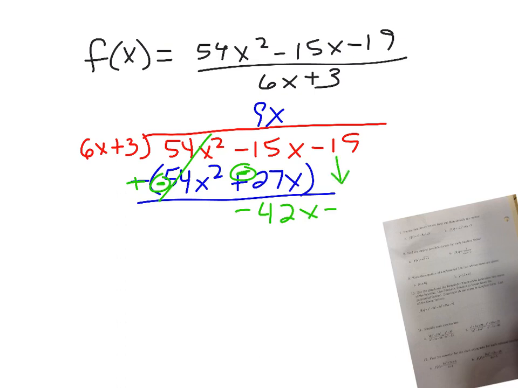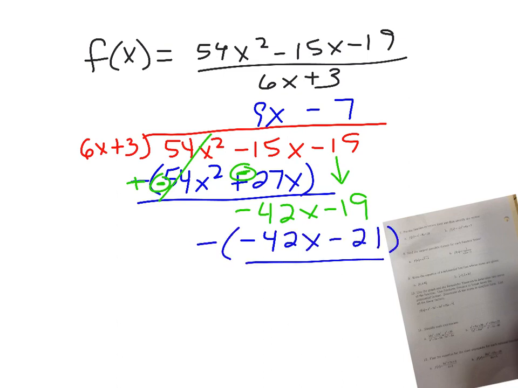Bring down the minus 19. 6x times negative 7 gives me negative 42x. So I get negative 42x minus 21. Parentheses, minus. Plus, plus, cancels, and then I get positive 2.